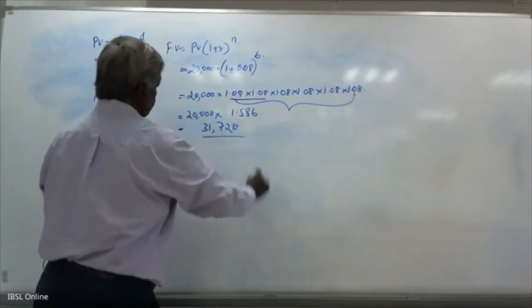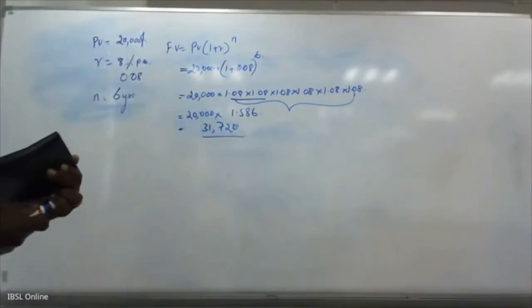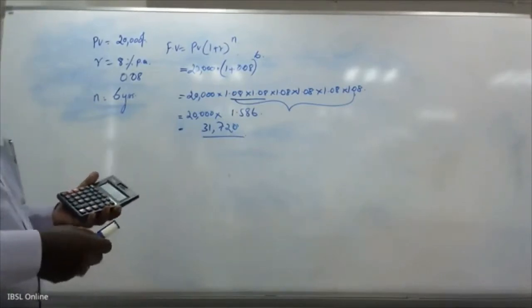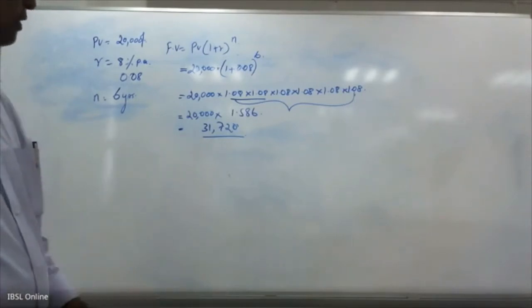That gives 31,720. This is the future value of the present 20,000 rupees after 6 years at the interest rate of 8%, that is 0.08 in decimal.